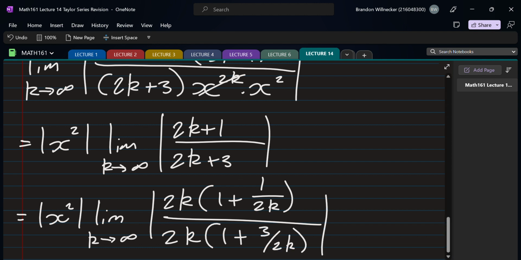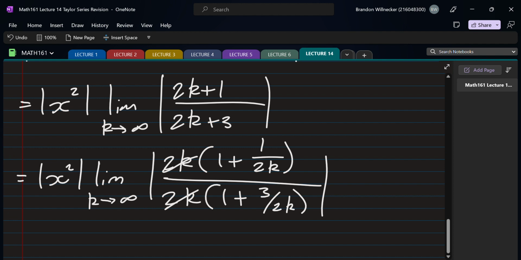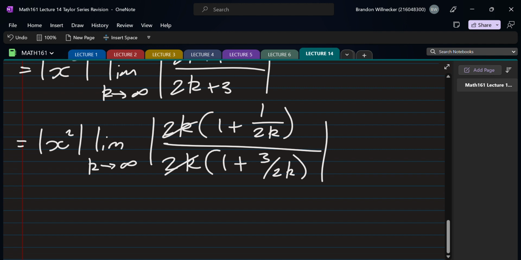Okay, so that's just factoring out the top and the bottom. The reason I did that is because we can cancel the 2k's, there and there. Now, if we take the limit in this form, that 1 over 2k will be 0, the 3 over 2k will be 0, so it will just be 1 over 1, which is 1. So that will just be a 1, and we're left with the x squared.